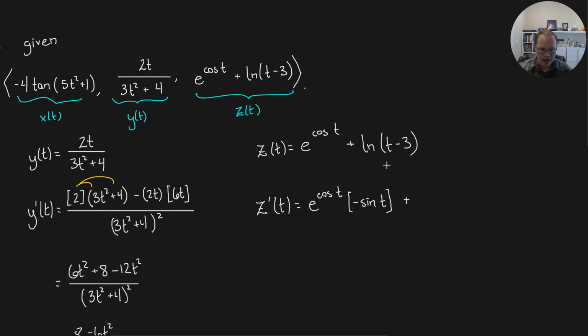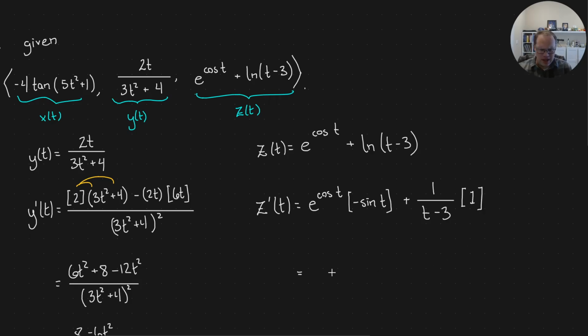Now let's add the derivative of natural log of t minus 3. Okay, same thing. We first take the derivative of natural log of the something. Derivative of natural log of something is 1 over the something. So 1 over t minus 3. But because this something isn't just t, I need to multiply by the derivative of the something, by the chain rule. Okay, derivative of t minus 3 is just 1.